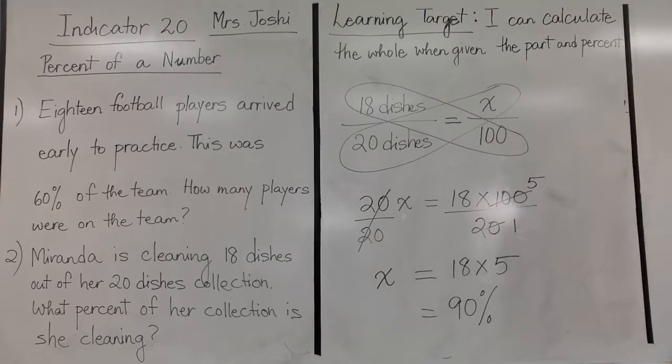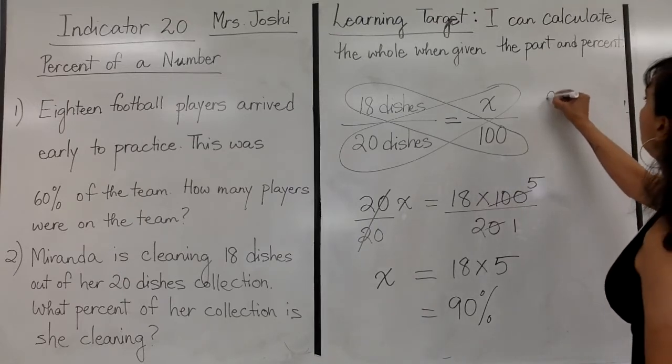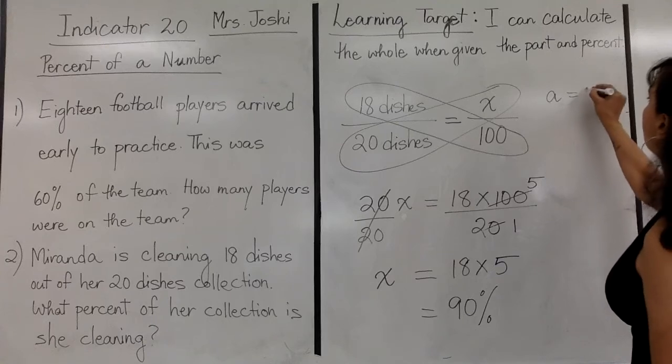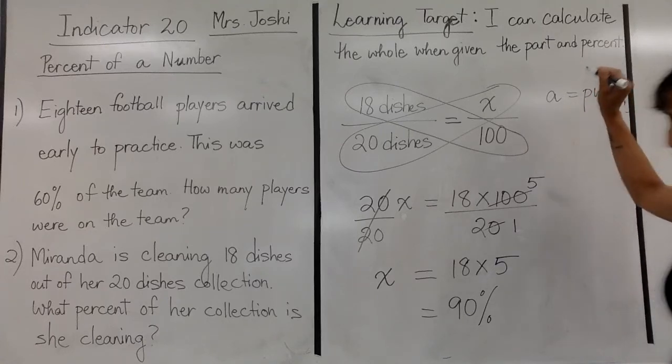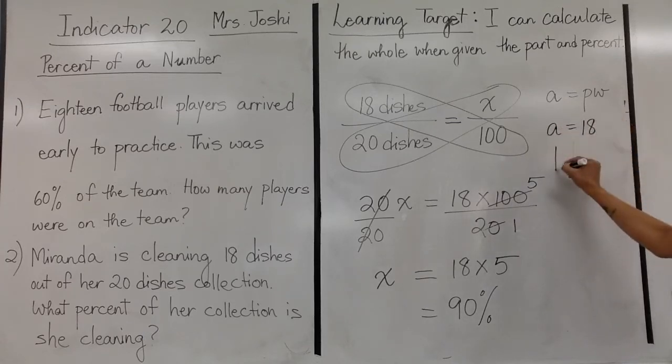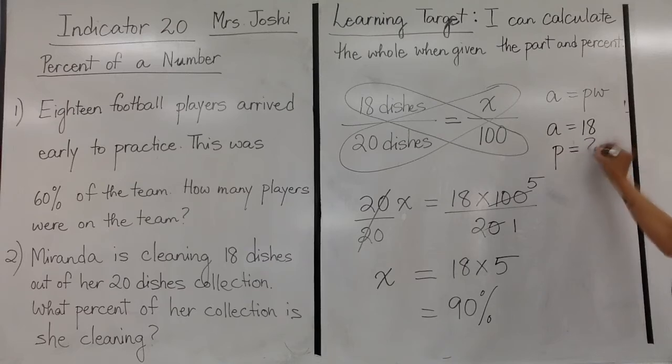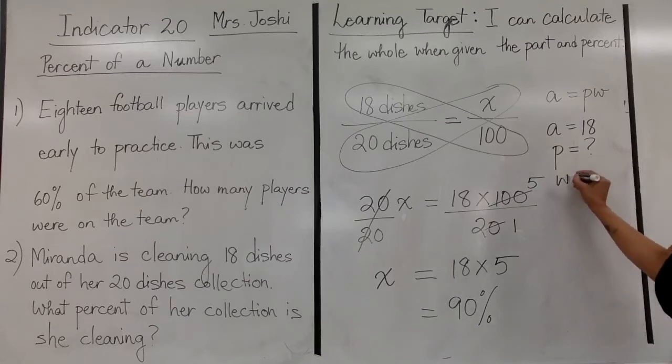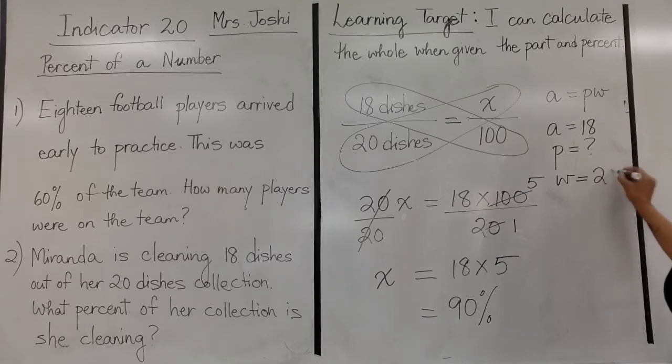And then the A is equal to PW. Okay, so let's see what we have. All right, so we have the A because we have 18. Percentage is what we don't have. Okay, and then we have the whole, because the whole is what? Total number of dishes would be 20.